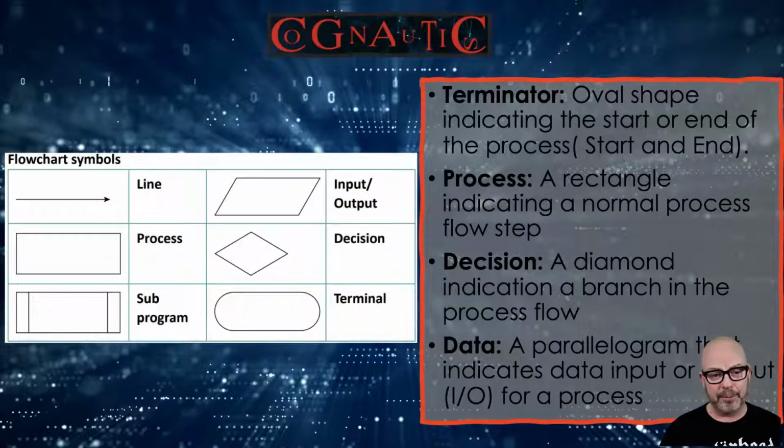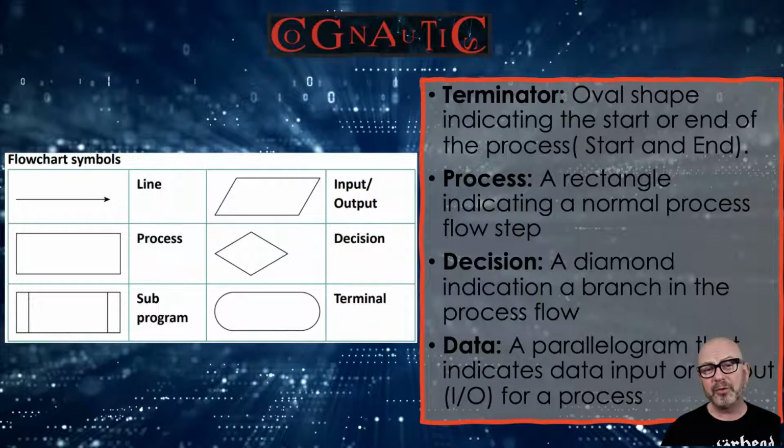Because this is about processes. When you're inputting or outputting something, you use that parallelogram, which I said very carefully because it's a word that I really struggle with. The process, as we said, is the diamond. The terminal or the terminator, that's the start and stop at the beginning. You've got sub-programs on the left-hand side, and you've got processes, which is the rectangle.